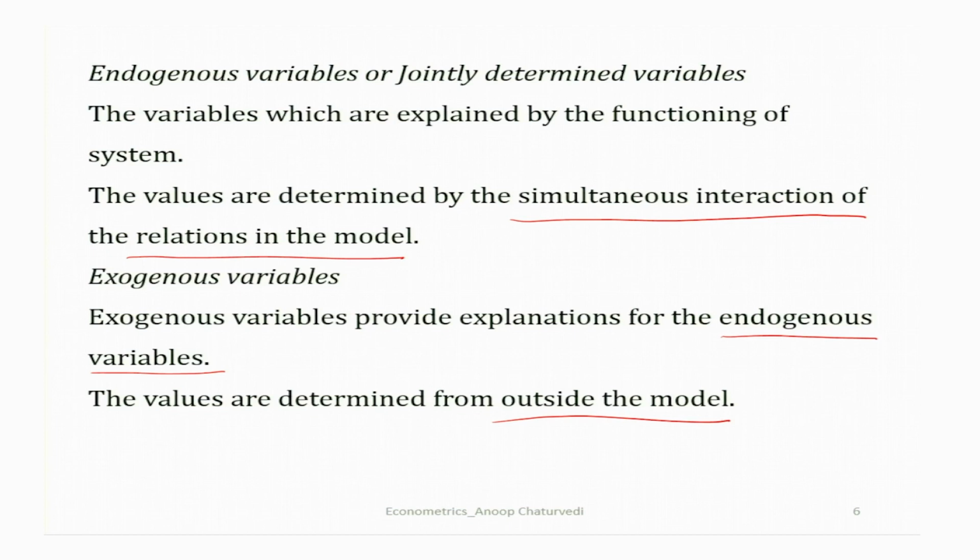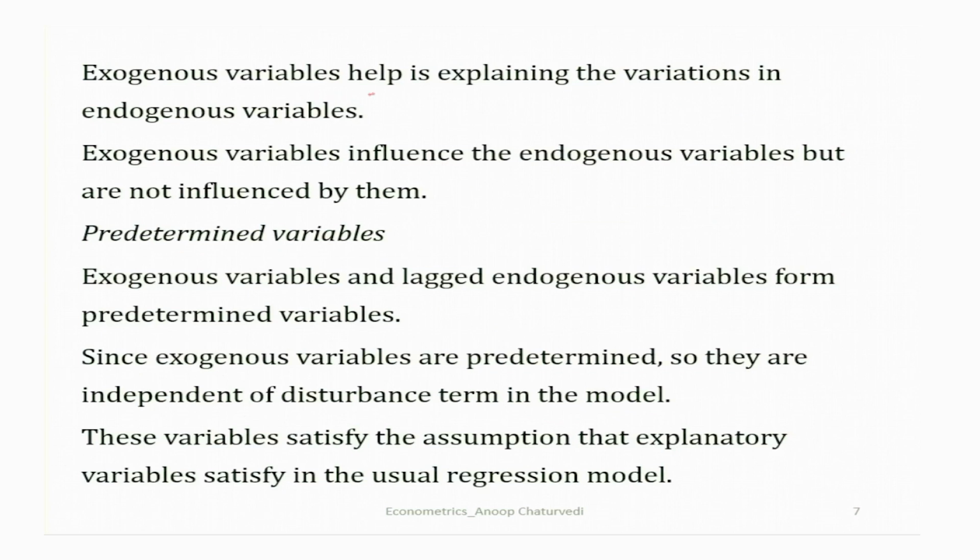So, the endogenous variables are determined by joint interactions of the relations in the model, or simultaneous interaction of the relations in the model, whereas the exogenous variables are determined from outside the model. So, this is the basic difference between endogenous and exogenous variables. So, exogenous variables help in explaining the variations in endogenous variables, just like what independent variables do in a single equation model.